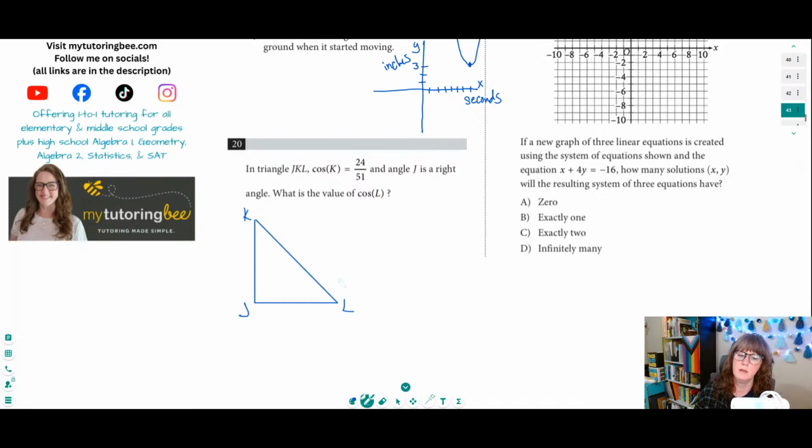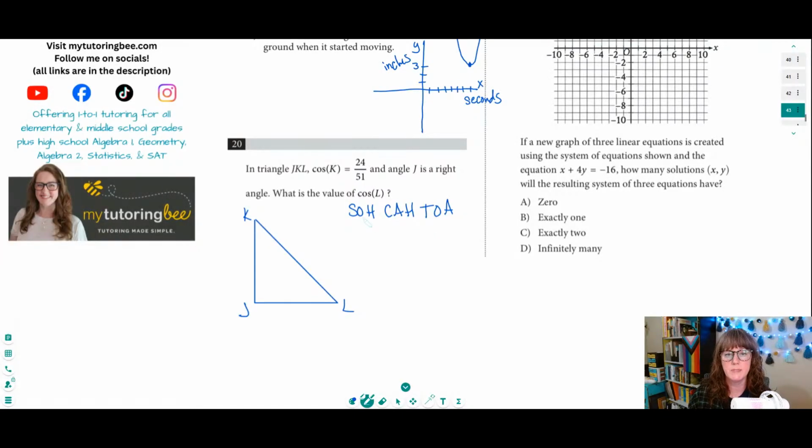All right, so with trig functions, if you don't know this one, there's SOHCAHTOA. It's just a little mnemonic device to help us remember which sides we're using for sine, cosine, and tangent.